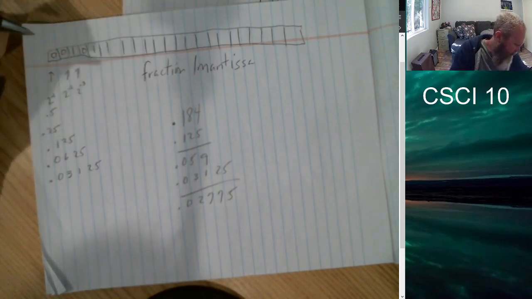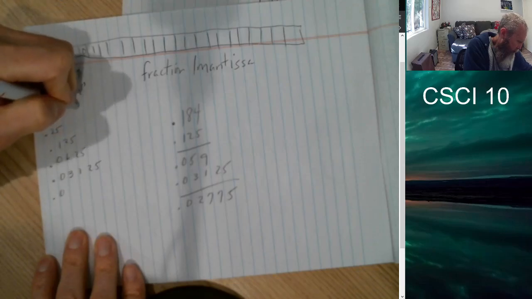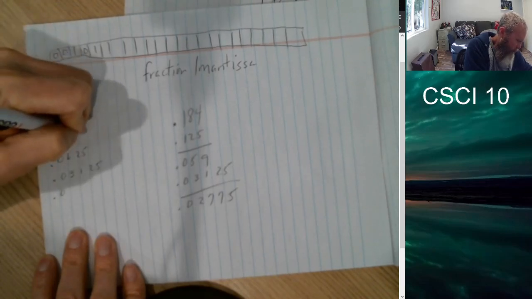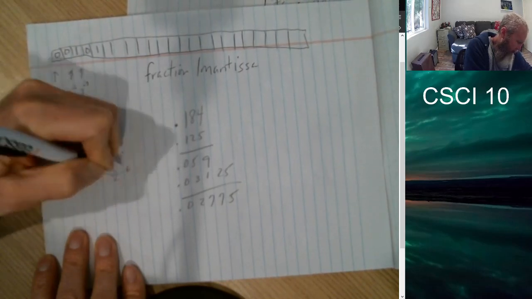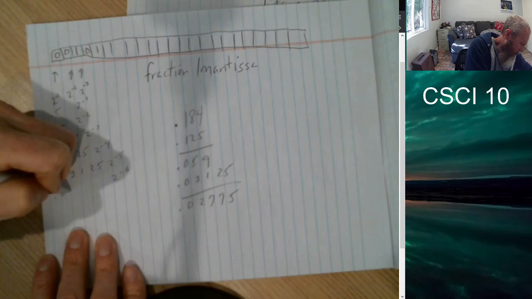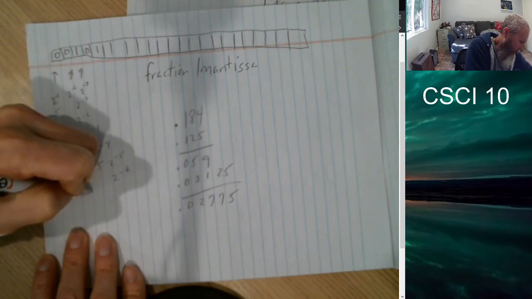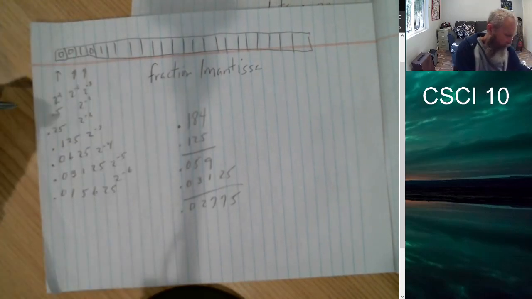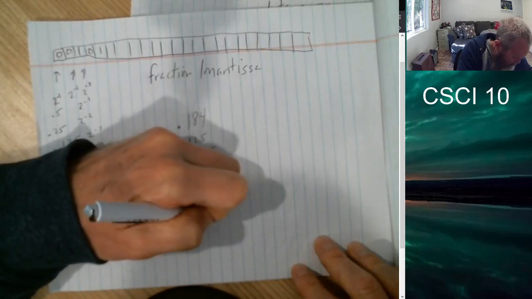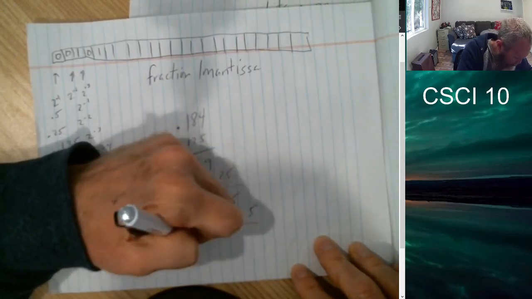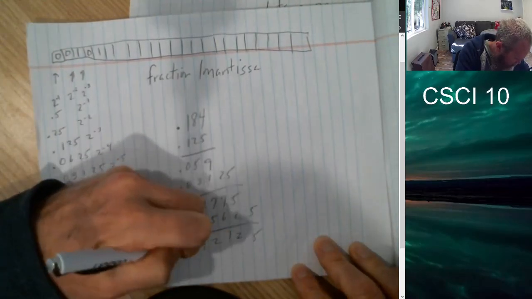This is 2 to the negative 1, 2 to the negative 2, 2 to the negative 3, 2 to the negative 4, 2 to the negative 5, 2 to the negative 6, which is 0.015625. We can do that.